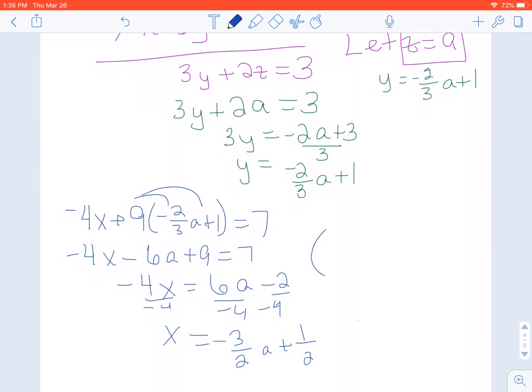So writing our solution as an ordered triple: negative 3/2 a plus a half, negative 2/3 a plus 1, and then a. So now I have x, y, z.